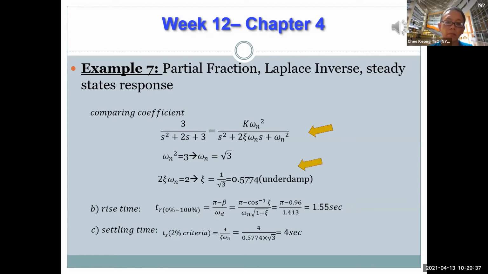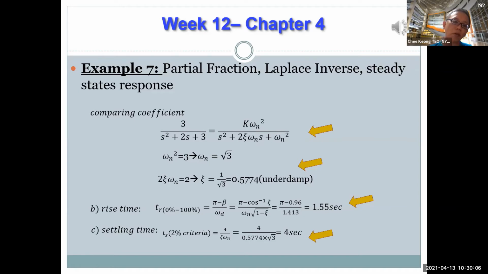Upon comparing the coefficients at the denominator, we will straightaway be able to deduce omega n equals square root of 3 and zeta equals 0.5774, which is underdamped. Using the formula found in the formula sheet for rise and settling time, we can calculate and confirm rise time equals 1.55 seconds and settling time equals 4 seconds.